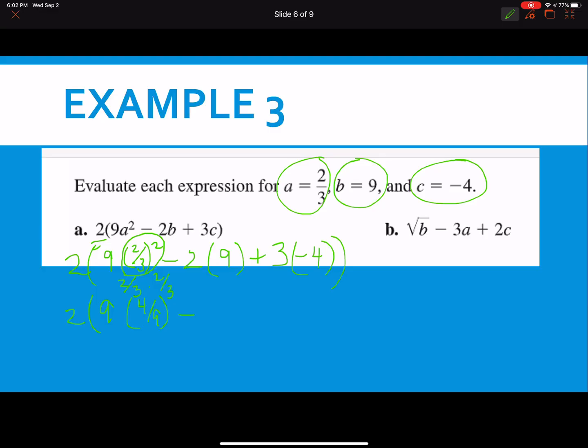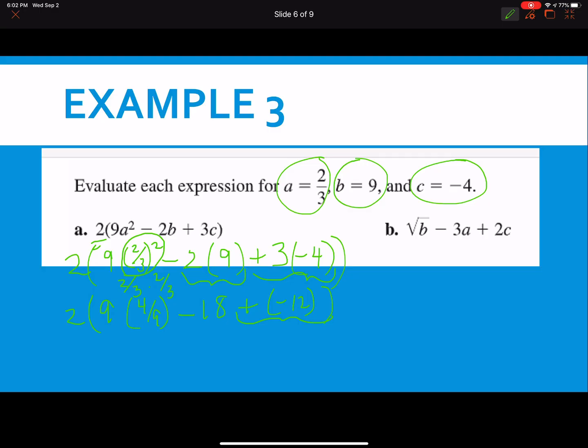Subtract, and I'm going to go ahead and simplify this. 2 times 9 is 18. And over here, I'm going to go ahead and simplify this. Now, there's something else that I want you to notice about this last part. Notice I went ahead and put plus, and then this gives me a -12. In algebra, rather than writing a plus -12, we're going to simplify this as a subtraction problem.